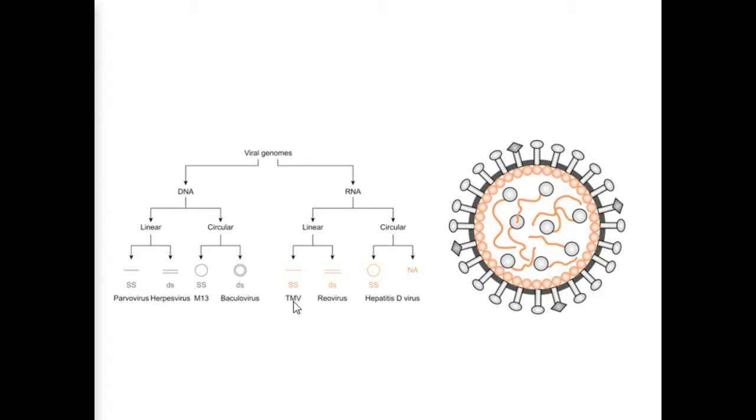This is tobacco mosaic virus, single-strand linear RNA. Also we have reovirus, double-strand linear RNA, and hepatitis D, single-stranded circular RNA. So we have these different kinds of viral genome.